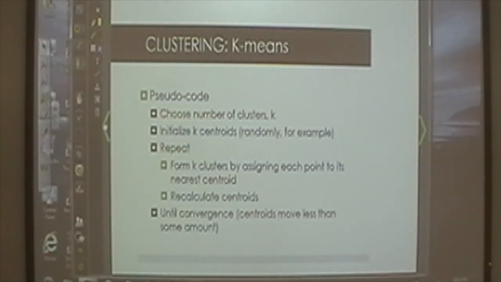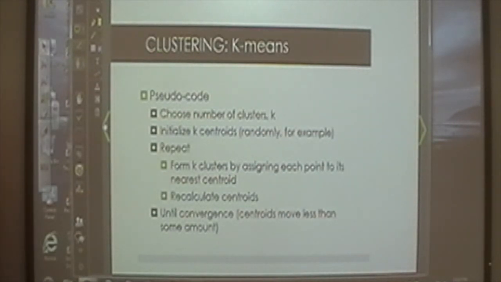K-means. So Eric, you've used k-means clustering before. So the basic idea, and here's the basic code, is you're going to choose some number of clusters. We call it K, the K in k-means. So you can say, okay, we want 5 clusters.